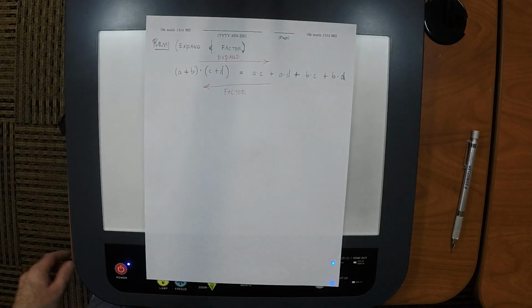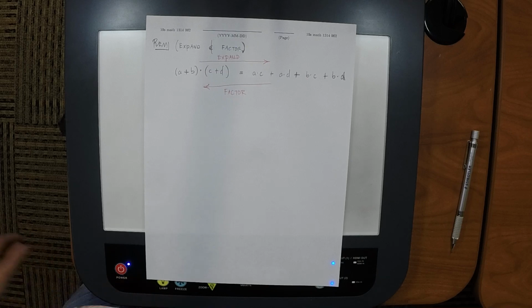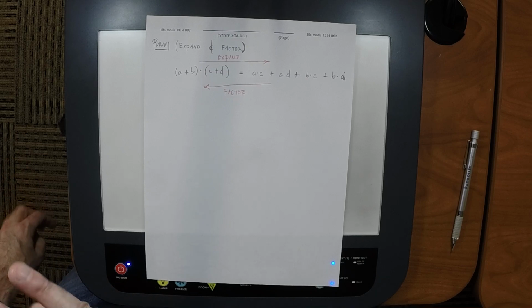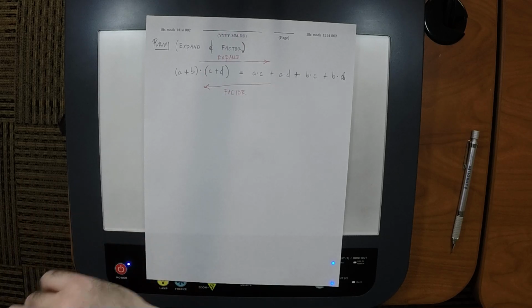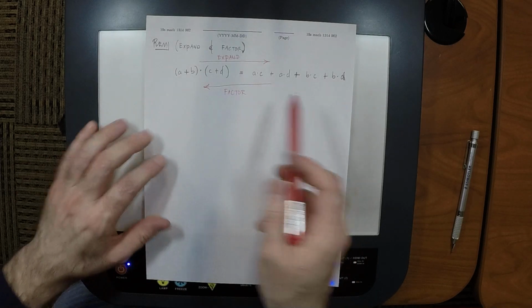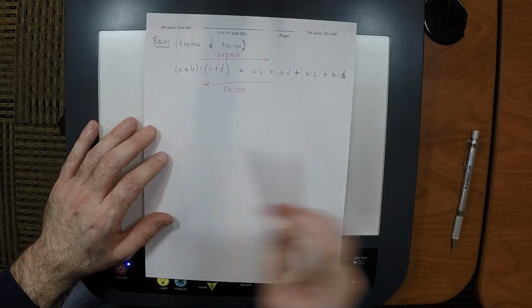So I could say something like expand 2 multiplied by 3. Well, then the answer is 6. And if I was to say, factor 6, then the answer is 2 multiplied by 3. So these things undo each other, expand and factor.